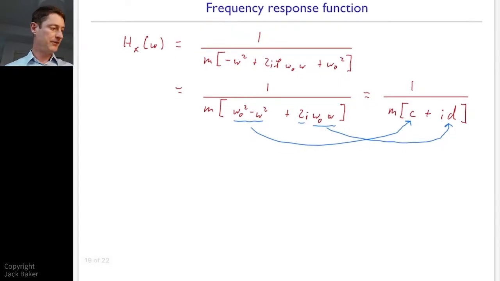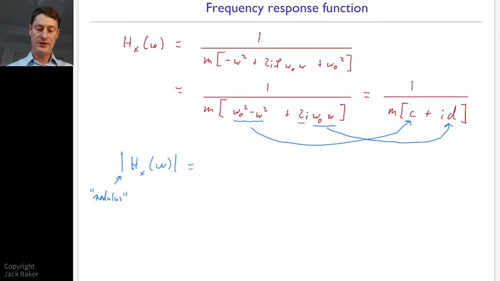What I'm going to look for is the modulus of this frequency response function. So I'm going to write a vertical bar, h sub x of omega, where the bars indicate what we call a modulus, and it's going to measure a distance for us in just a second.